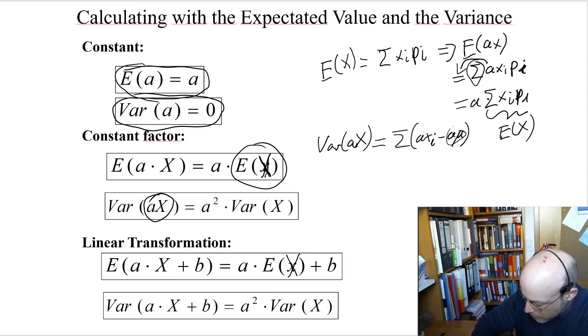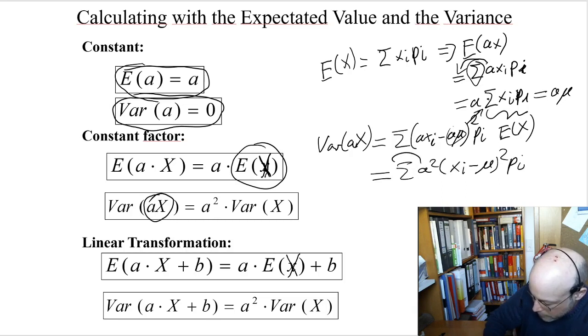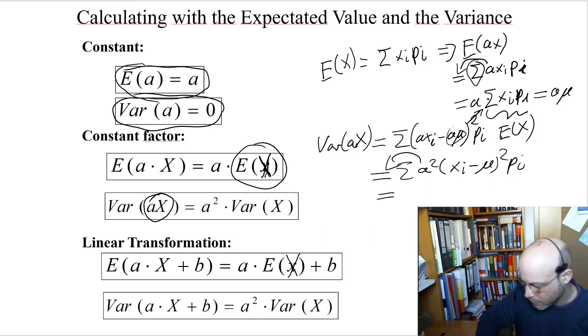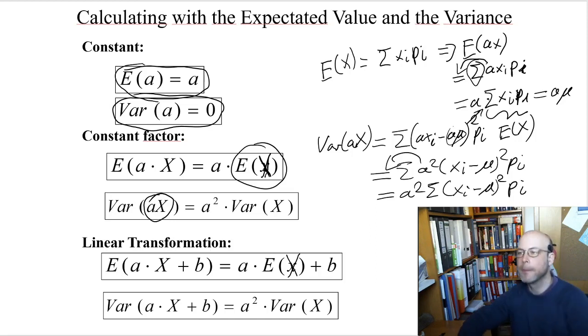This a mu comes from here because this also means that we have a mu squared pi equals a squared times xi minus mu squared pi, and then the a we can put in front of the summation: a squared sum xi minus mu squared pi.